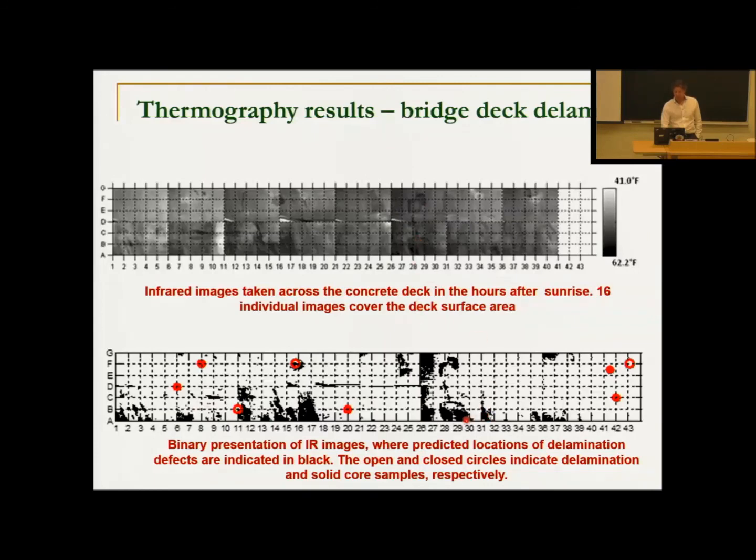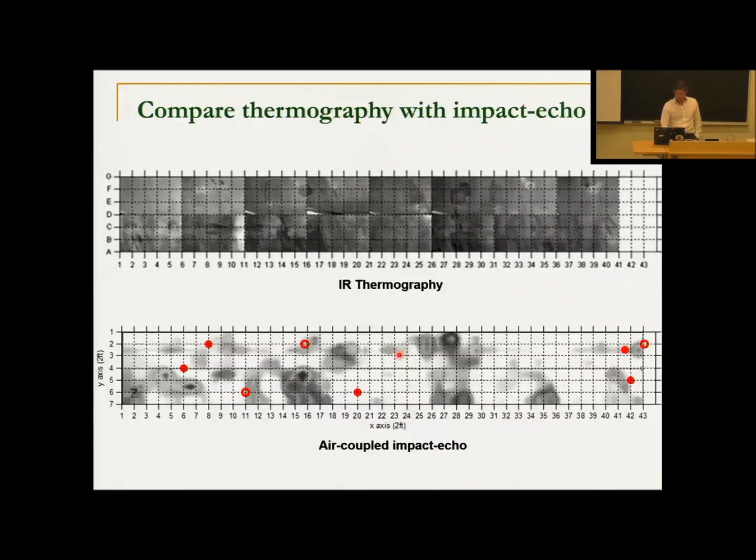So this is actually a corrected image, an extracted binary image of these IR images. And we see where these potential defects are, right? Comparing with impact echo, so IR thermography, we see similar features at different locations, right? So you see that these two can complement each other.